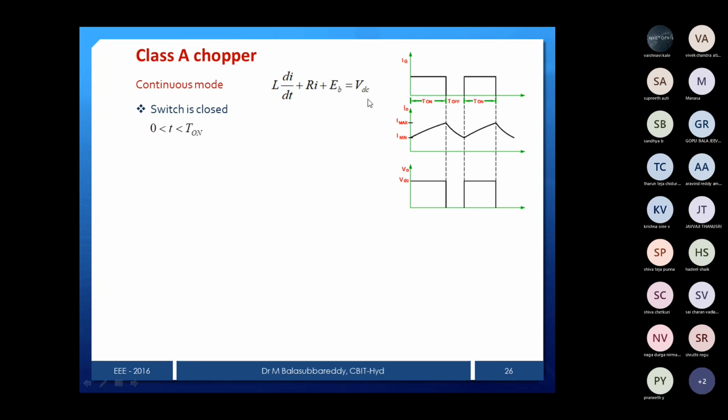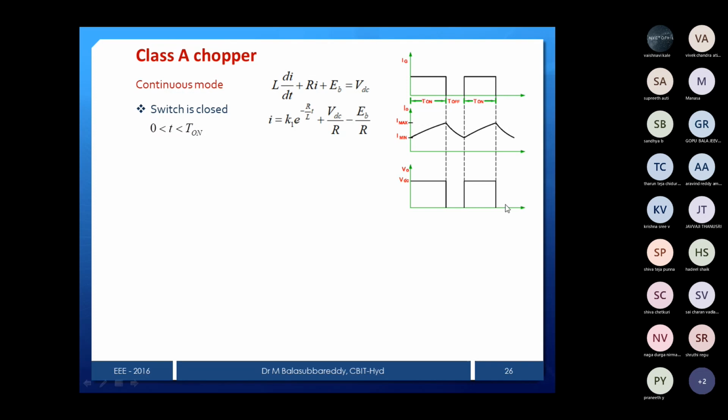VDC is equal to R into I naught plus L into dI by dt plus Eb. From this I want the current. How will you get the current? You can use the complementary function and particular integral, or you can use the Laplace transform and then the inverse Laplace transform to get the current I.